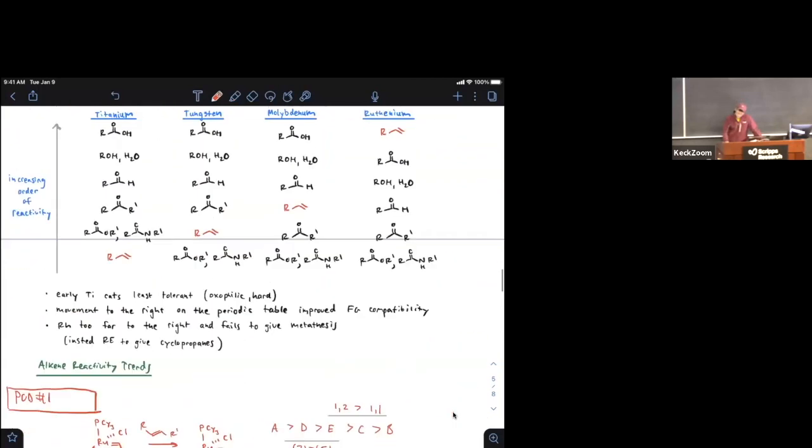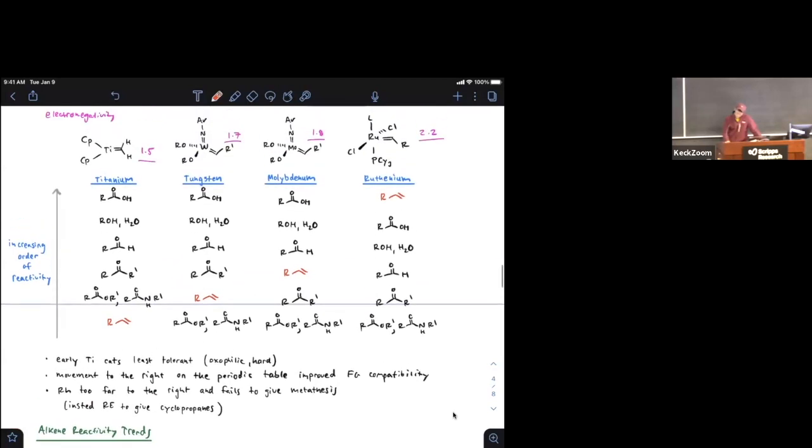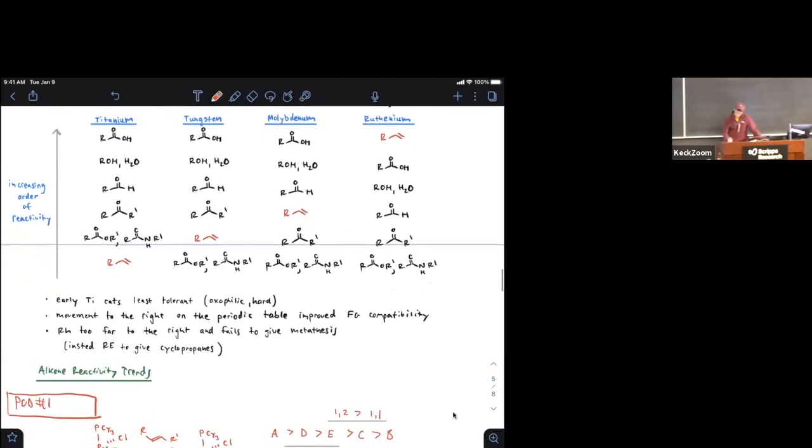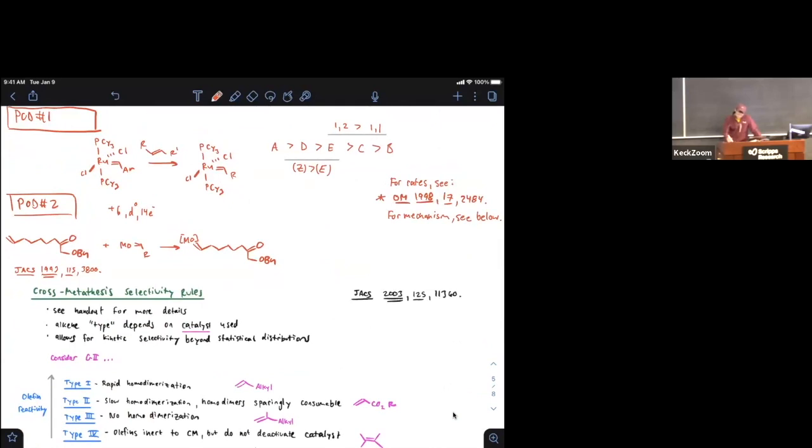Well, here we can just consult our handy dandy chart and see that alkene from molybdenum and almost the same catalyst is more reactive than ketone, right? So that's going to dictate initial selectivity. Now it's the ketone. Then it hits the ketone and cyclizes.